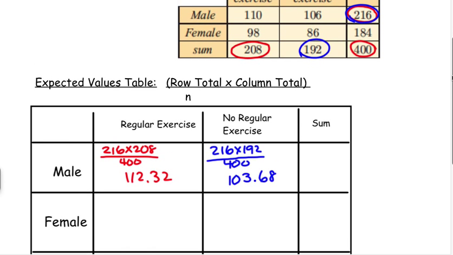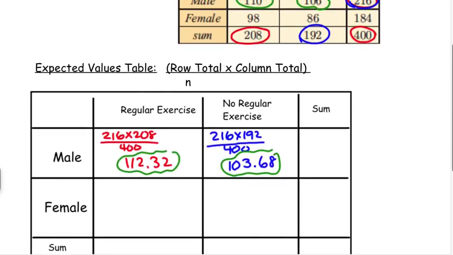So we got 110, and we should have gotten 112. So we're not too far off. Then 106, and we got 103, not rejection. Okay, so now let's head down and do these last two. 184 times 208, row and column, divided by 400, and we got 95.68 as our expected.